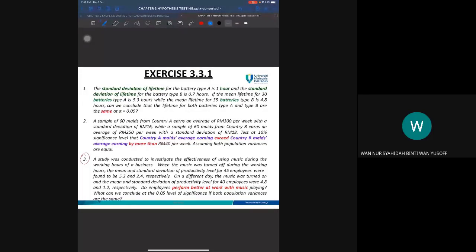Okay. Effectiveness of using music here is the purpose of why we conduct this study. So to evaluate the effectiveness of using music, what data do we collect, in order to reflect the effectiveness of using music?